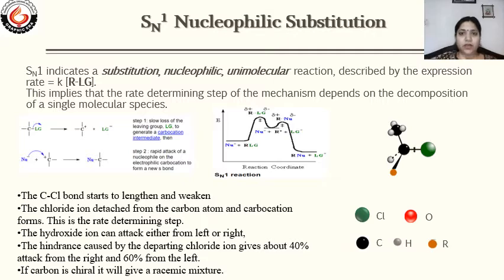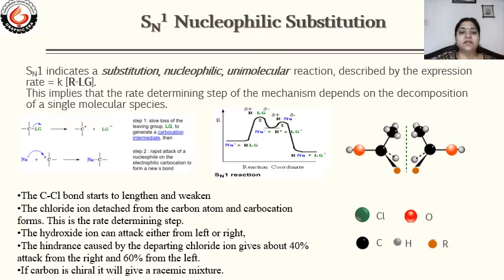SN1 nucleophilic substitution reaction. In the SN1 reaction, the superscript 1 stands for unimolecular, N is for nucleophilic, and S is for substitution. So it's a unimolecular nucleophilic substitution reaction, and here the expression for the rate is equal to k[R-Lg].